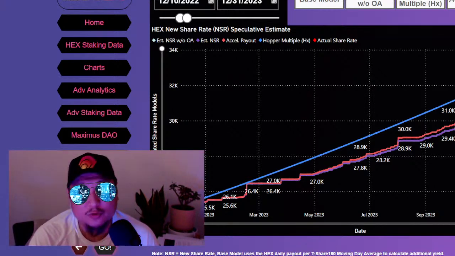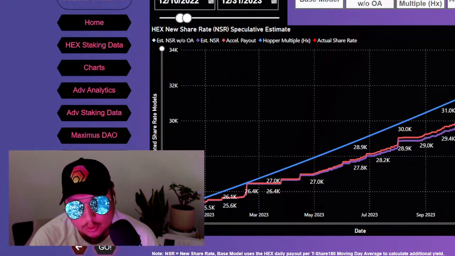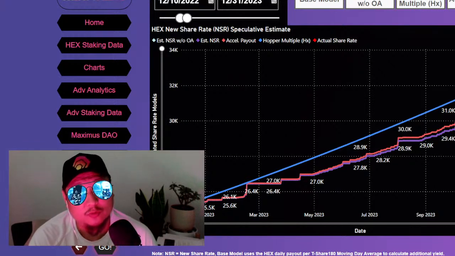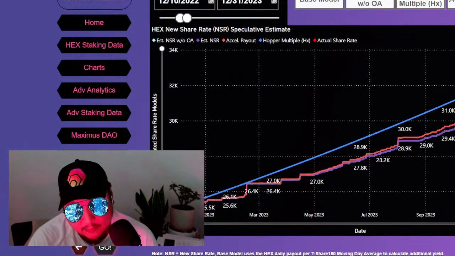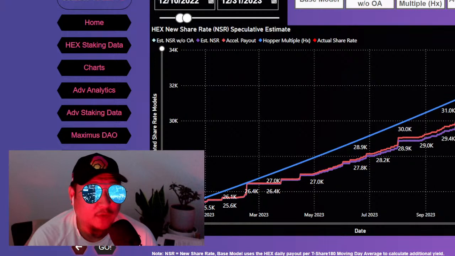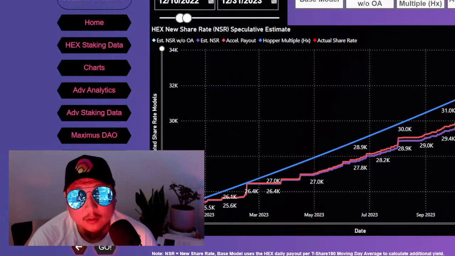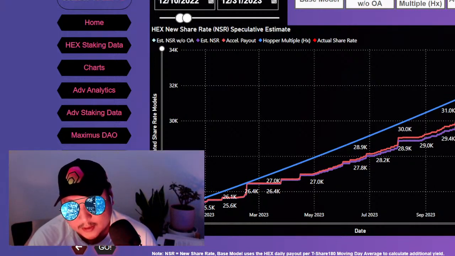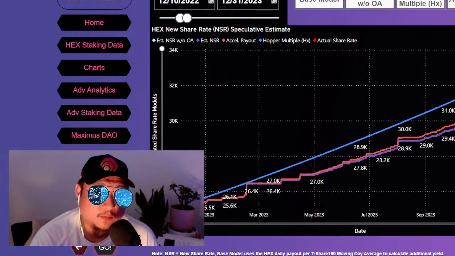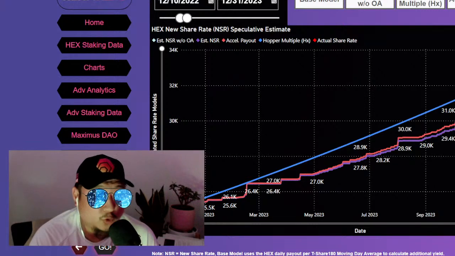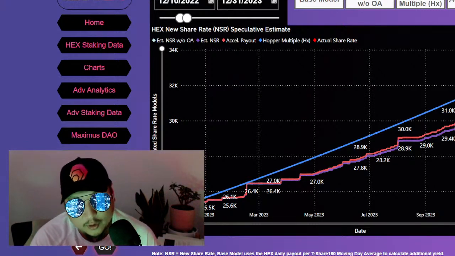So what would you do? It's liquid. You would use it as a rock. Basically, you're using it as a store of value. It does nothing because you're not partaking in the T-share ecosystem. Not sure why you would want to do that.